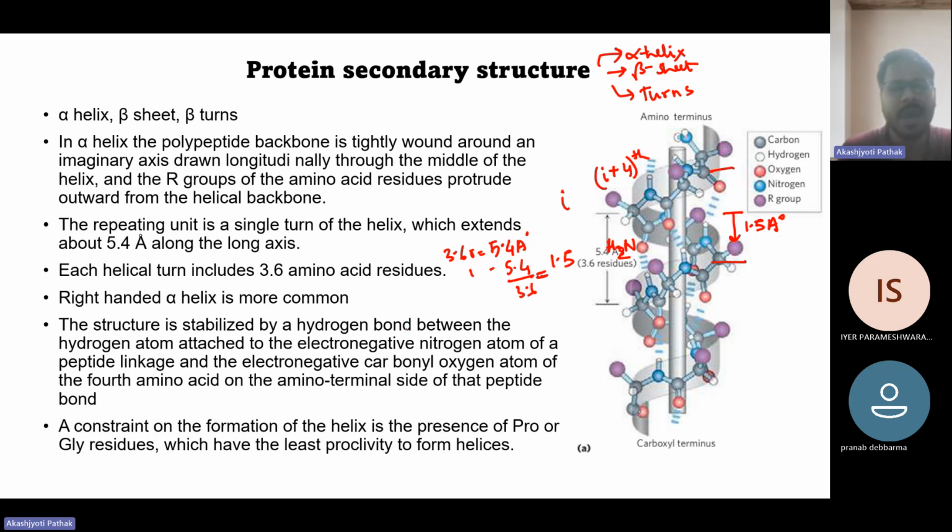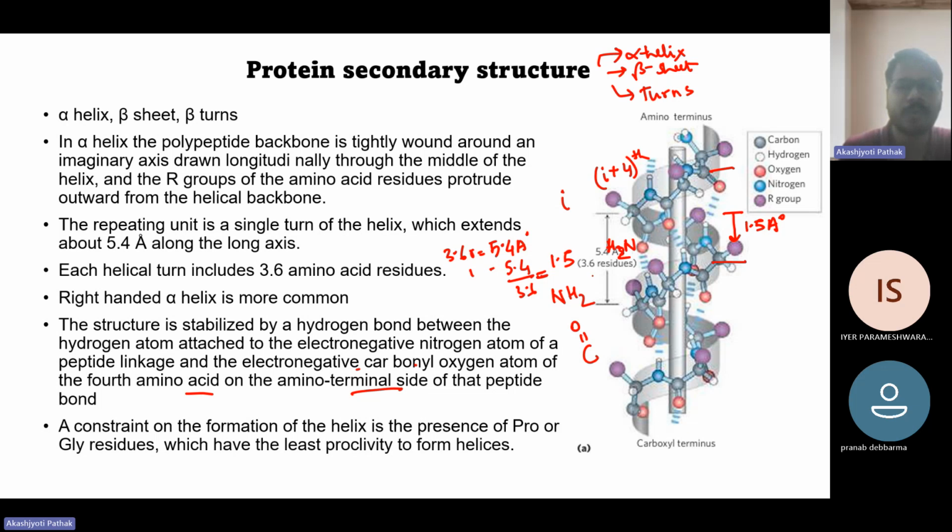The structure is stabilized by a hydrogen bond between the hydrogen atom attached to the electronegative nitrogen atom of a peptide linkage and the electronegative carbonyl oxygen atom of the fourth amino acid on the amino terminal side of that peptide bond. So this NH group forms a hydrogen bond with the oxygen atom of the carboxyl group, and through these hydrogen bonds, this structure is stabilized.